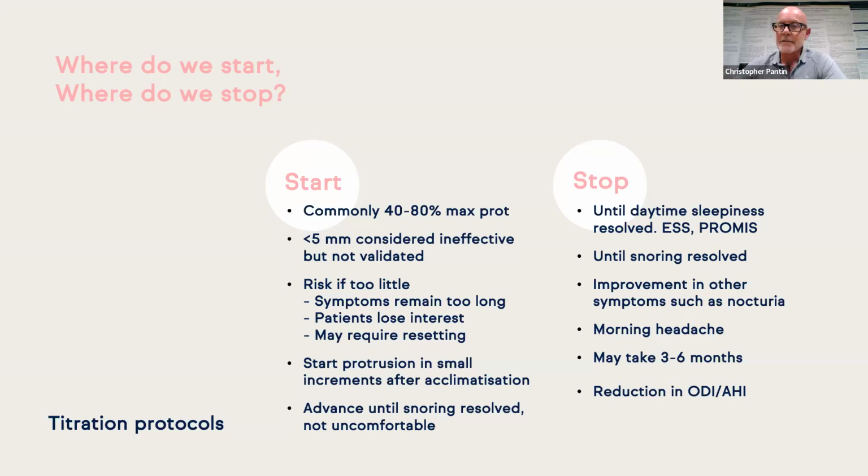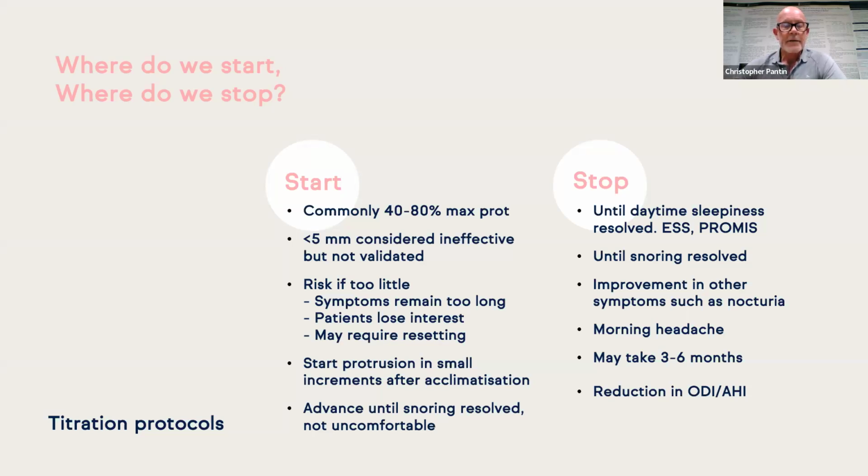There are many studies out to show that you don't need to go over 50% to get an outcome, etc. The next thing is less than 5 mm is considered ineffective, but this certainly is not validated. So anyone working in the area with a patient whose range is only 5 mm should not be deterred from considering mandibular advancement splints as a treatment for their patient.